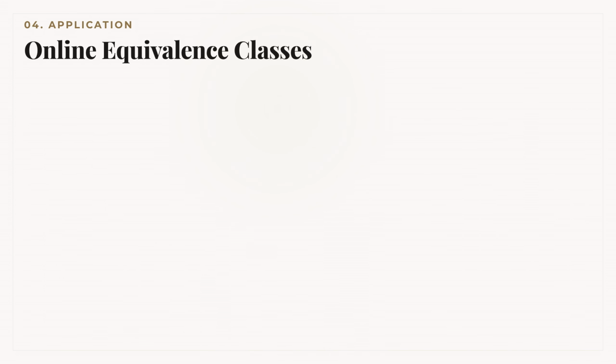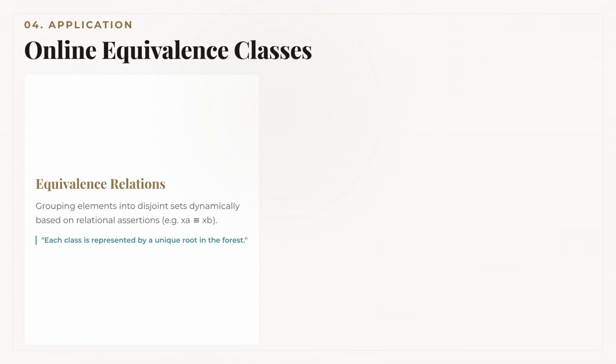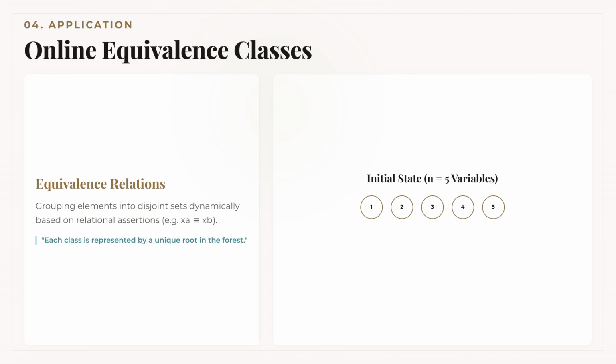Now, let us see a practical application. One important use of union find is computing equivalence classes. Suppose we have 5 variables. Initially, each variable belongs to its own set. Now we are told that 1 is equivalent to 2. We perform find on 1. The result is 1. We perform find on 2.